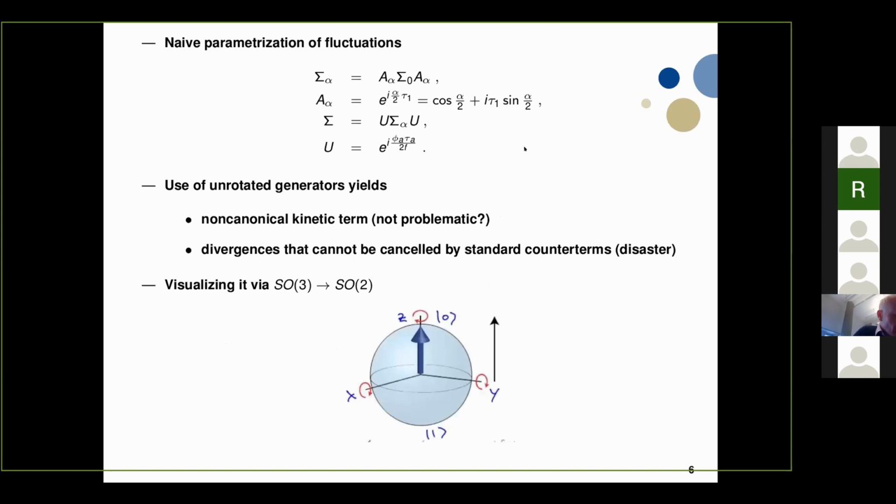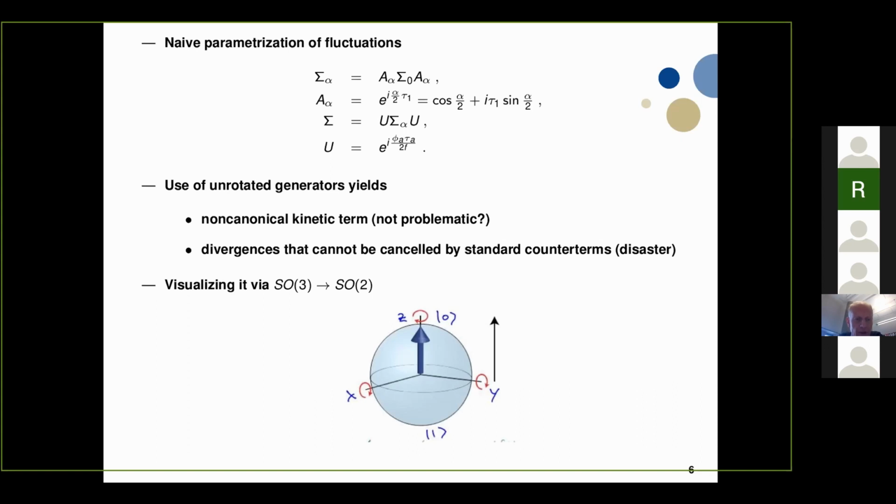Then I would like to discuss a few details, namely what happens if we want to go beyond tree level and include fluctuations. You can do this in an easy way. You just use the standard representation of your U, which is this exponential involving the phi A, which are the pion fields, and then you multiply that by the rotating ground state.